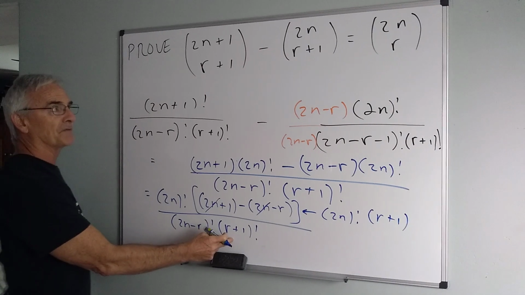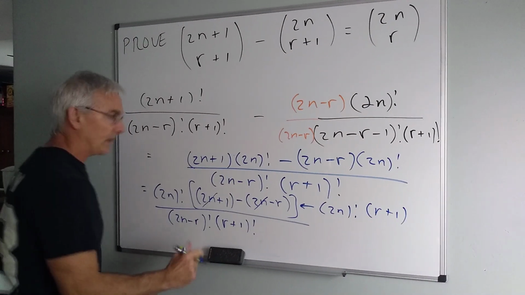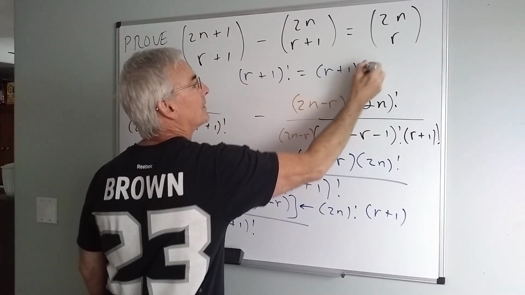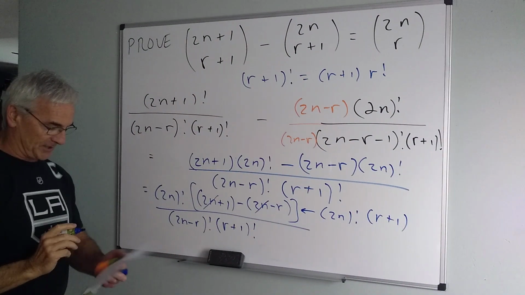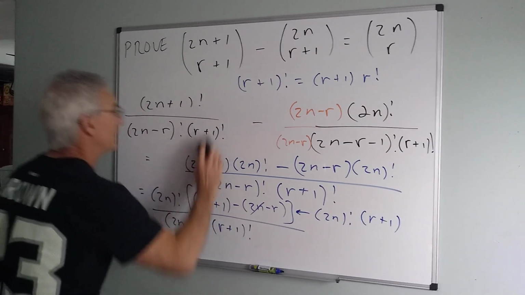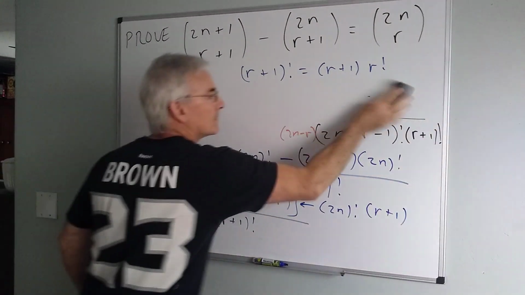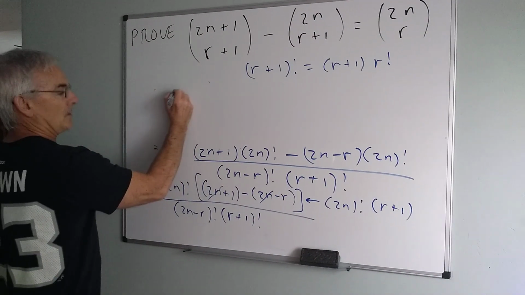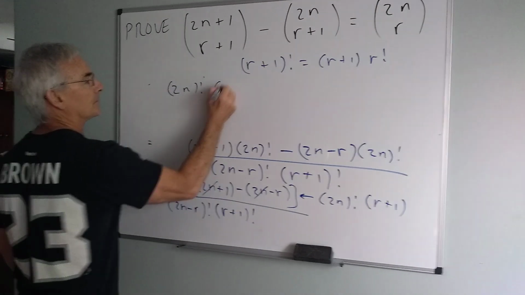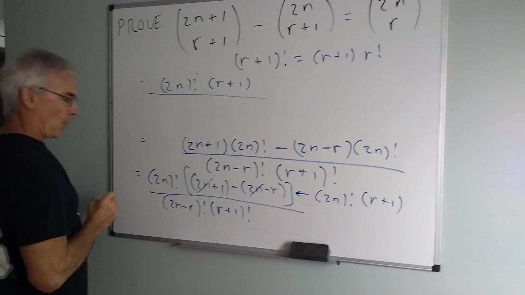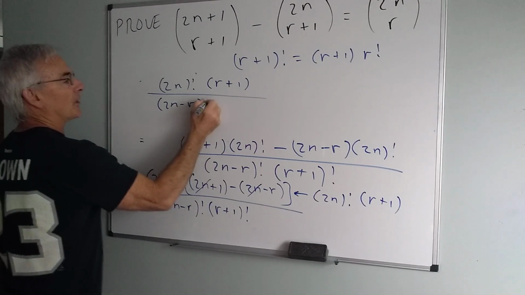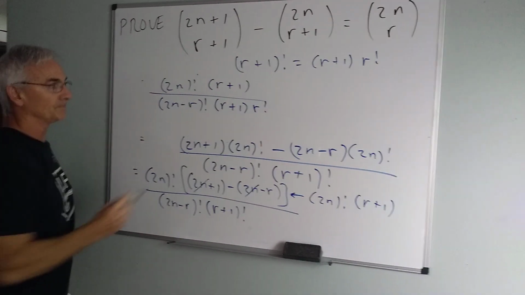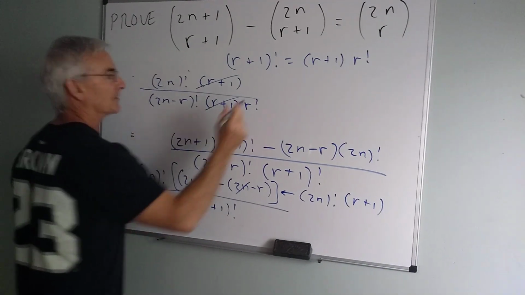Notice I have an r plus 1 factorial on the denominator. Well, we know that r plus 1 factorial is equal to r plus 1 times r factorial. So as a result, I'm going to go ahead and erase the stuff up here. As a result, at this point, we've got 2n factorial times r plus 1 over 2n minus r factorial, r plus 1, r factorial, which conveniently leads us to this.